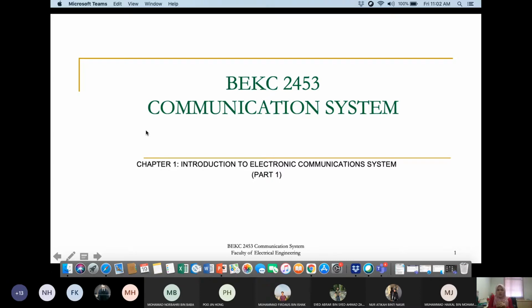If you still remember, in the previous lecture on Monday, the first thing you learned is the basic communication model. You should know how to draw the communication system model, and you should know the function of each block. For example, what is the function of the sender, modulator, transmitter, channel, receiver, and demodulator.